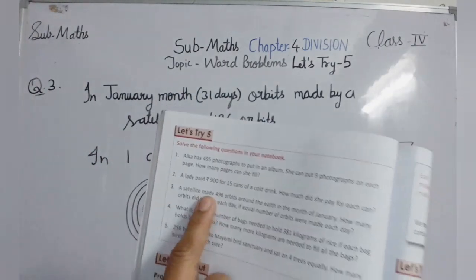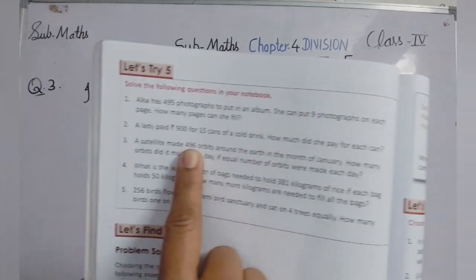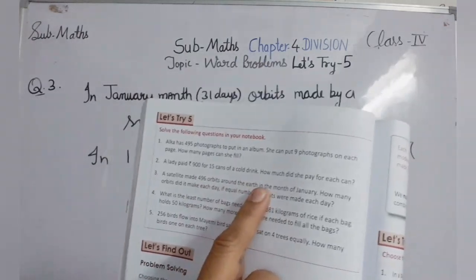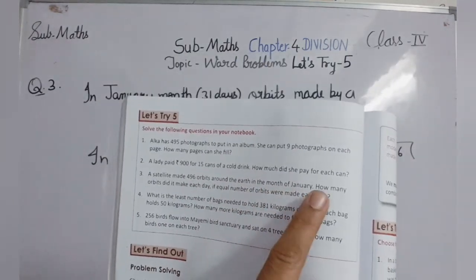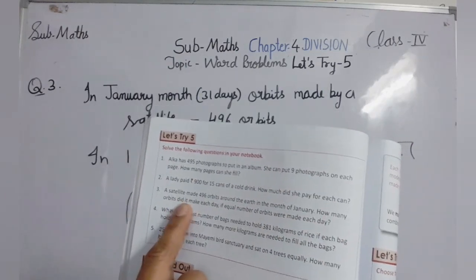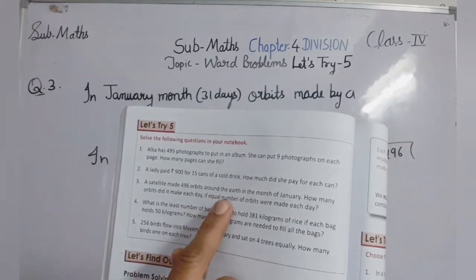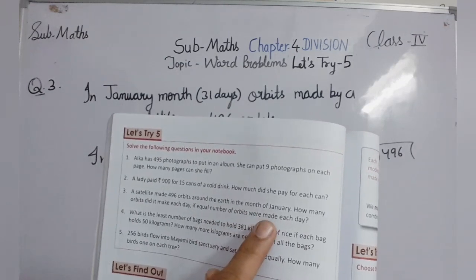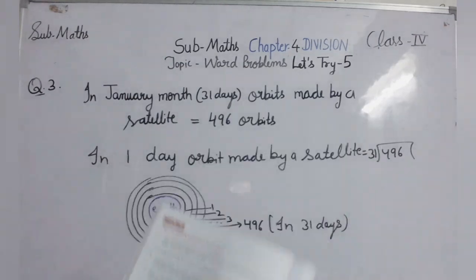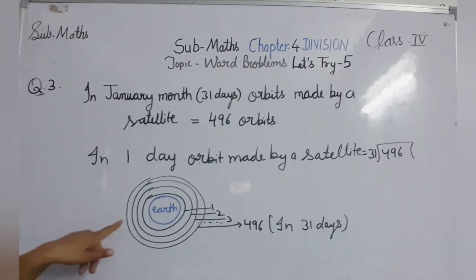See question number 3. A satellite made 496 orbits around the earth in the month of January. How many orbits did it make each day if an equal number of orbits were made each day? First understand the question, what they have given us. They are saying one satellite. Do you know what an orbit is?